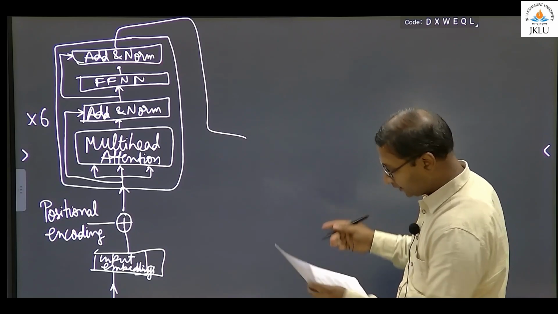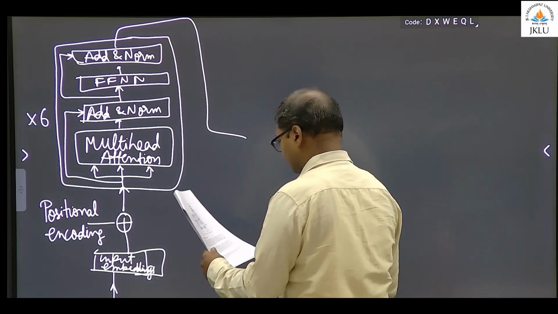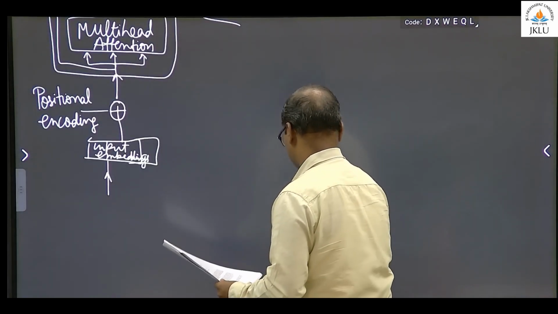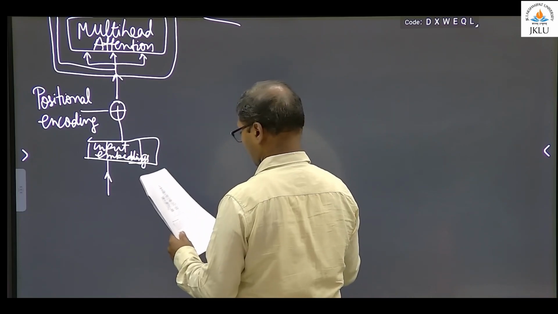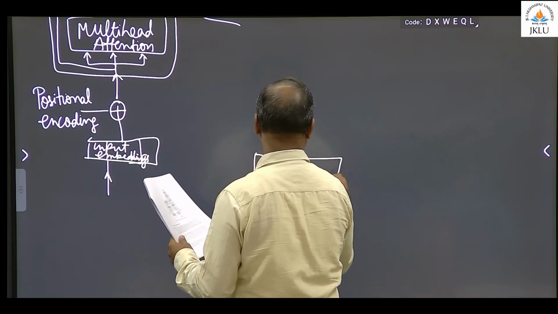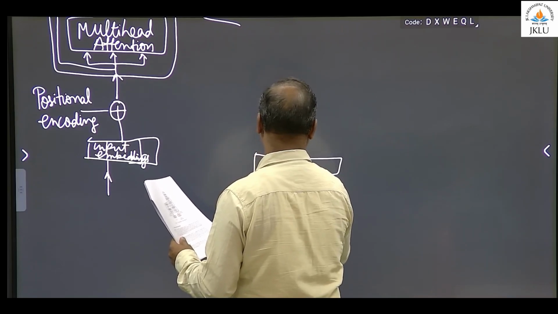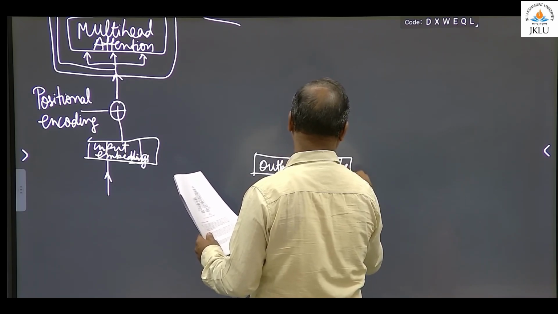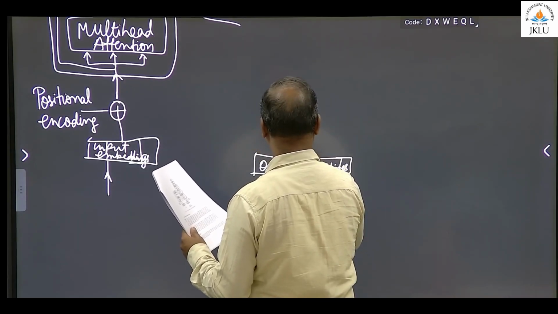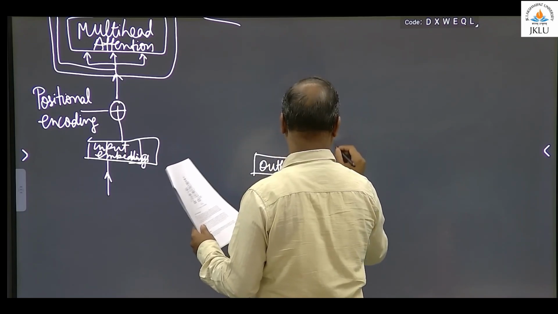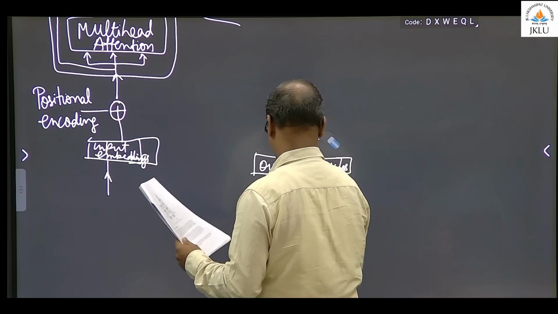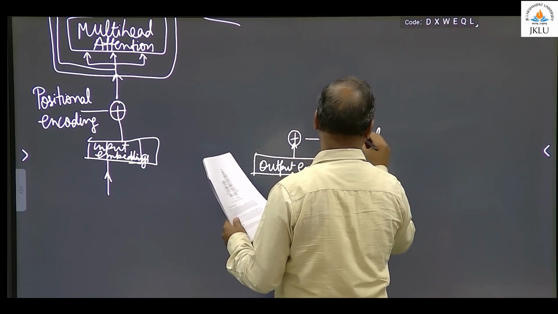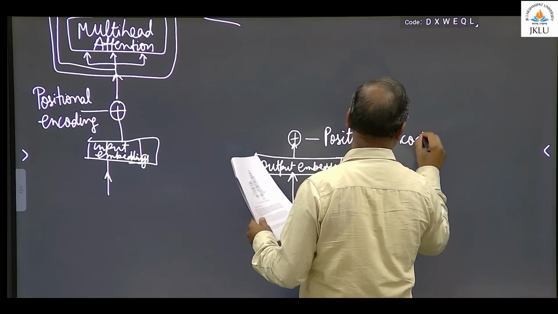Okay. I go and draw the decoder as well now. So these are the output embeddings. And then again positional embeddings. What is the role of positional encodings?